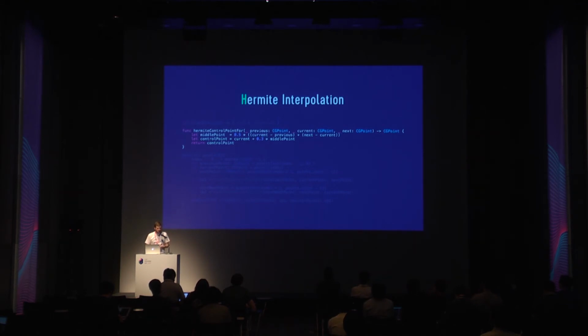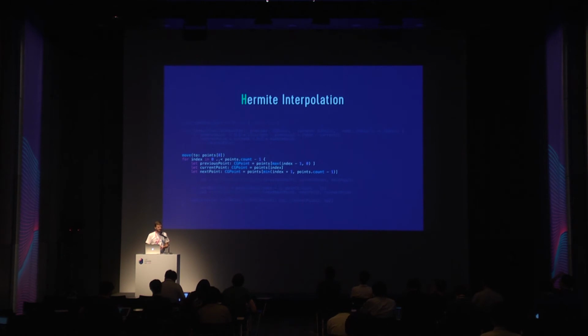To calculate one control point, we need to have 3 points: the calculated point and the first control point of the current point. We just calculate the middle point of the vector from the previous point to the next point, divided by 3, and voila, we have our M divided by 3 that we saw before.